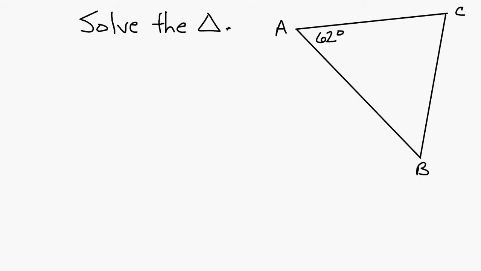Side AC is 9. And AB is 14. If it helps, and I'm sure it will, label the sides. The side opposite the 62 is your lowercase a. The side opposite angle B is your lowercase b, and the 14 side is your lowercase c.